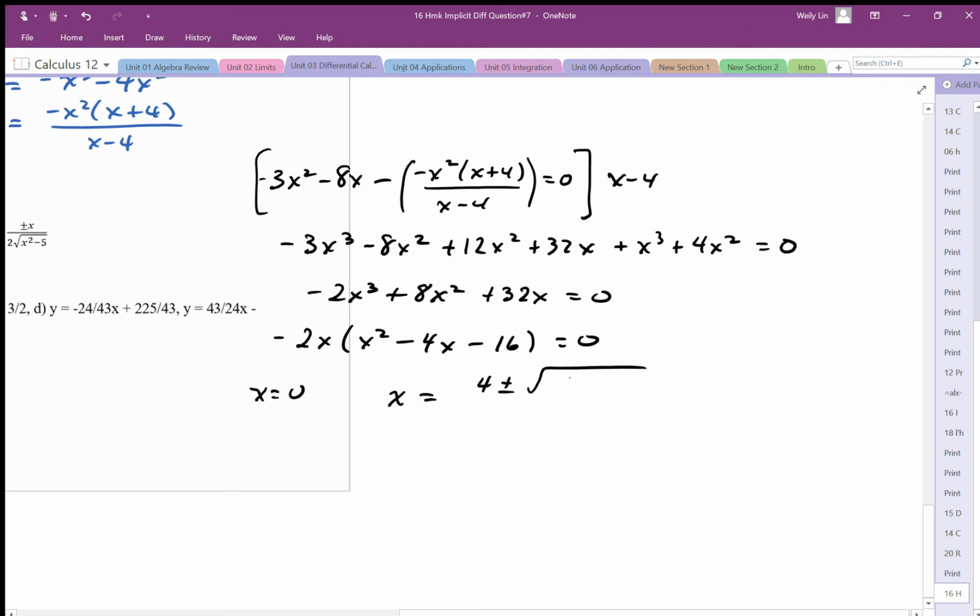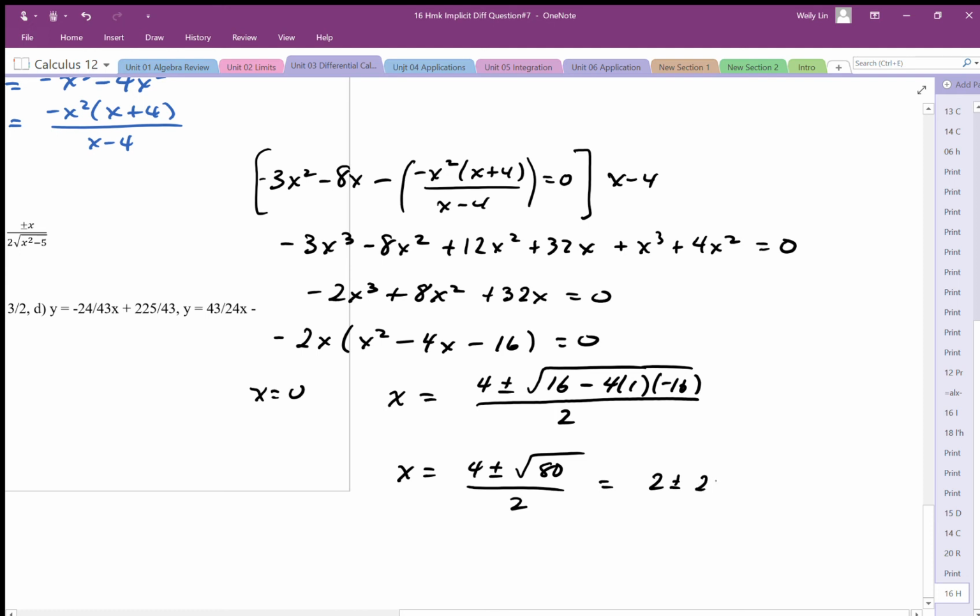So I end up with negative negative 4 plus or minus the square root of negative 4 squared minus 4 times a times c, and that's all over 2a. Okay, this simplifies to 4 plus or minus square root 80 over 2. Simplifying this, this becomes 2 plus or minus, factor the 16 out as 4, so it becomes 2 root 5.